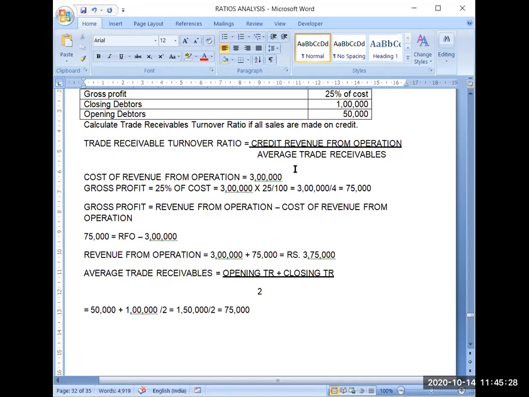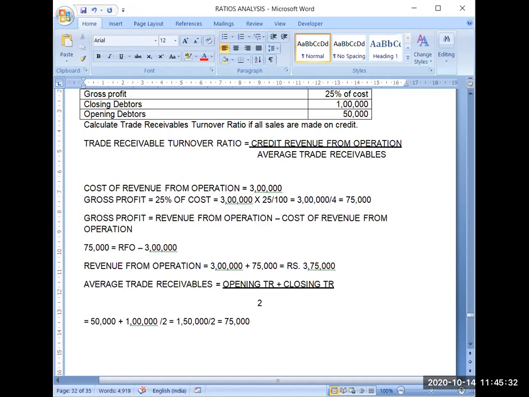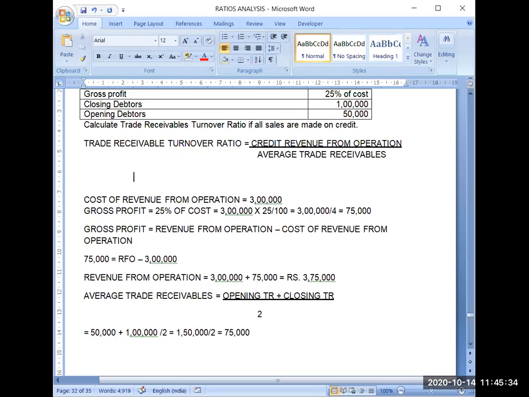Now we will calculate trade receivable turnover ratio. We have all the information. So it will be equal to credit revenue from operation, 3,75,000, divided by average trade receivables, 75,000. Now if I divide it, it will be 375 upon 75.